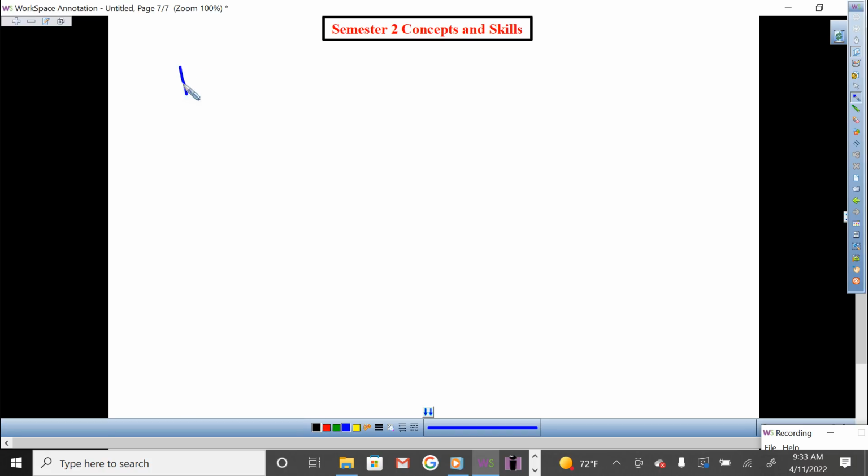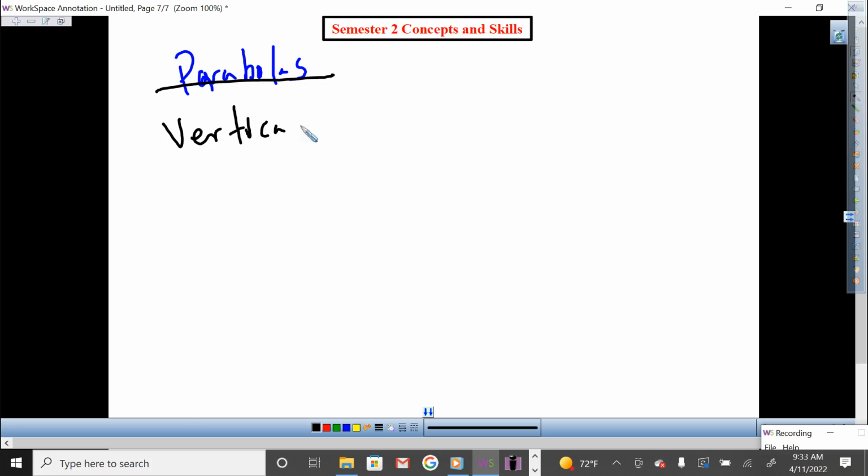We're going to write parabolas. We have two kinds, vertical and horizontal. Vertical is the one that opens upward, like this, or downward.